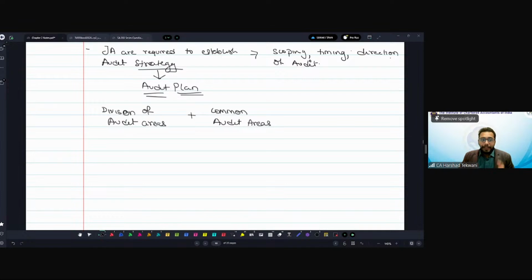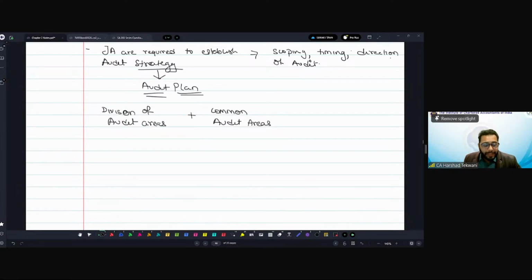So again, in the division of the areas, we don't only divide the scope of work, we also divide other reporting objectives, other things which are incidental to the audit engagement.